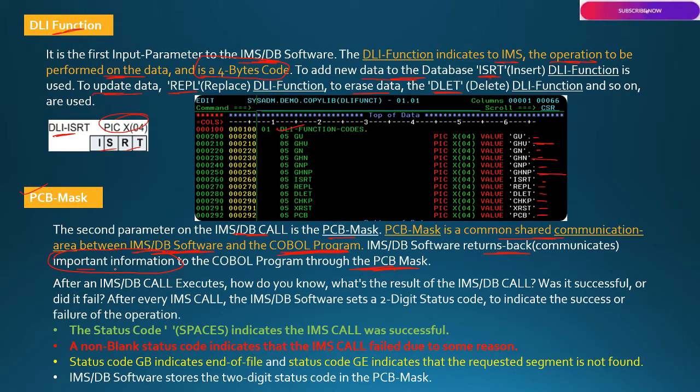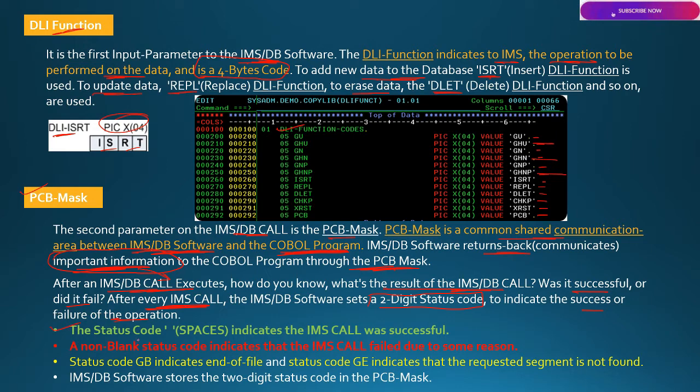After an IMS DB call executes, how do you know the result of the call? Was it successful or did it fail? After every IMS call, the IMS DB software sets a two-digit status code to indicate the success or the failure of the operation.